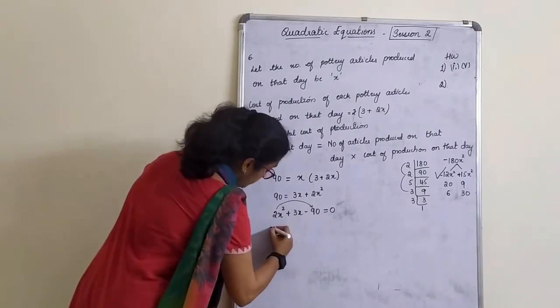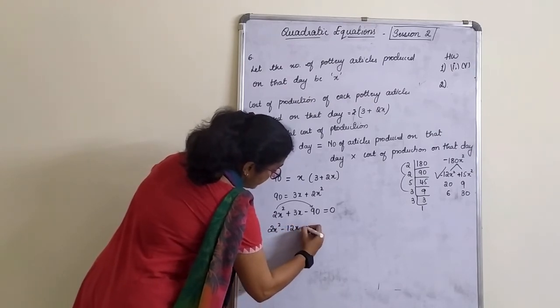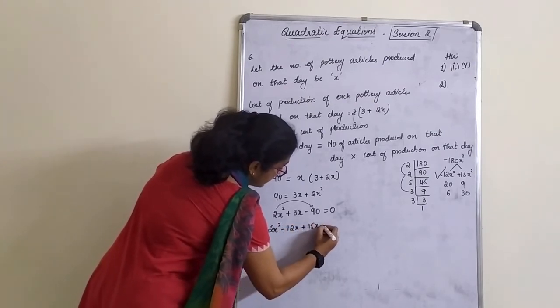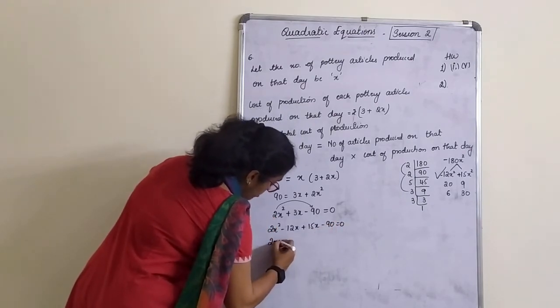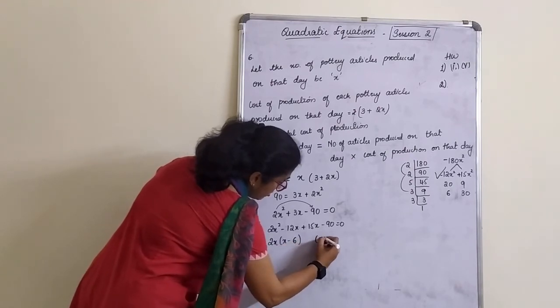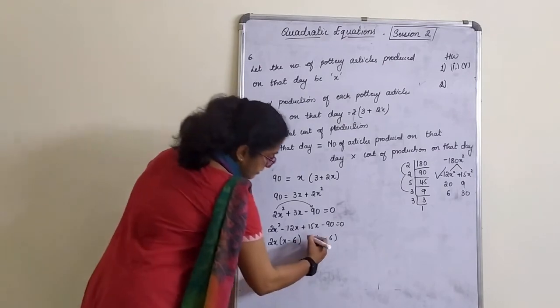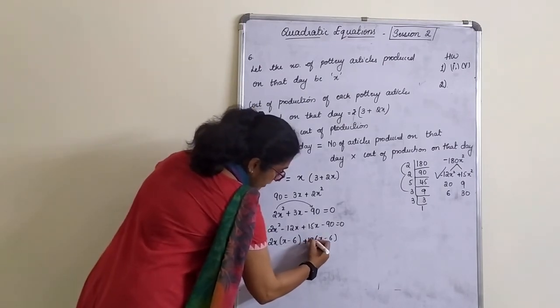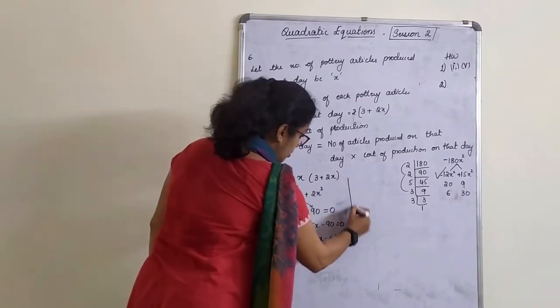Split them. 2x square minus 12x plus 15x minus 90 is equal to 0. 2x common. X minus 6. Right here also x minus 6. X into what should give you plus 15? Plus 15. 15 into minus 6 is minus 90. I'll do it here, children.